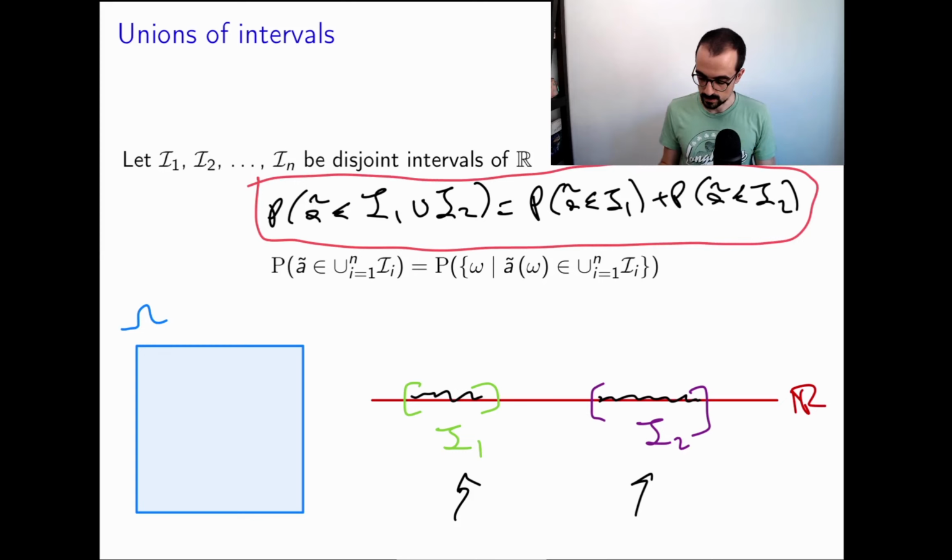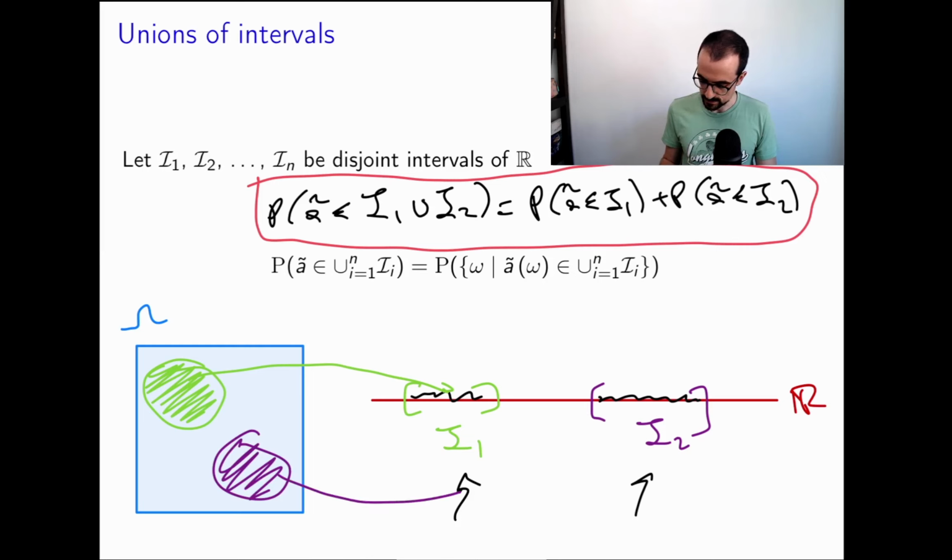So let's see why it holds. If we consider all the points in the original sample space that map to I1, and we consider all the points that map to I2, and this is the random variable that we're interested in that maps them, we realize now, and this is very similar to what we did for discrete random variables, that there cannot be points that are both in this event that maps to I1 and this event that maps to I2.